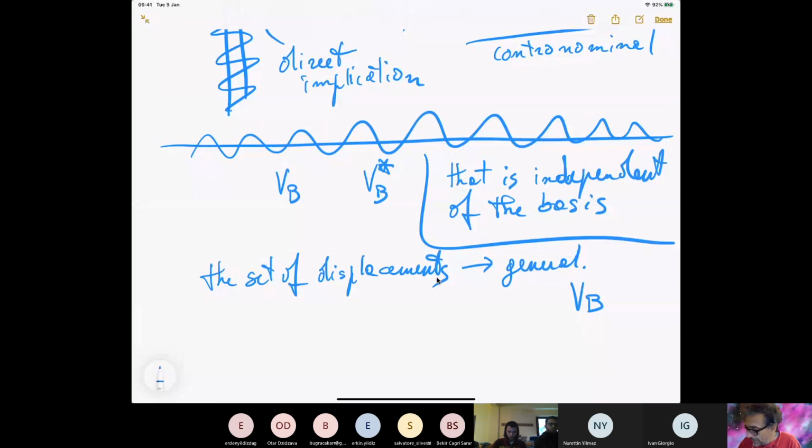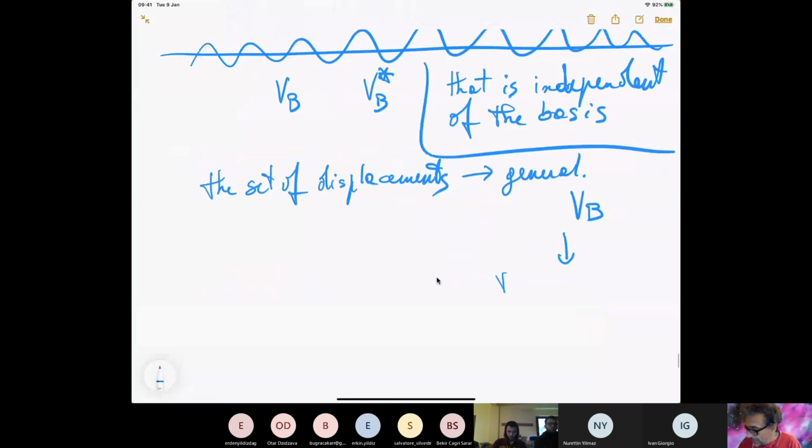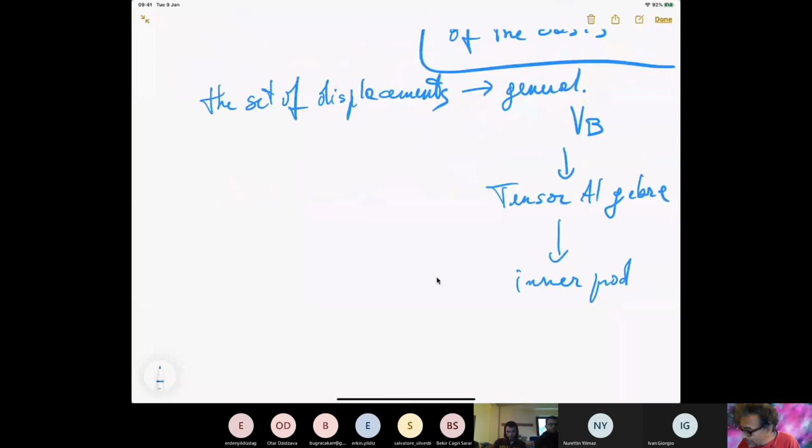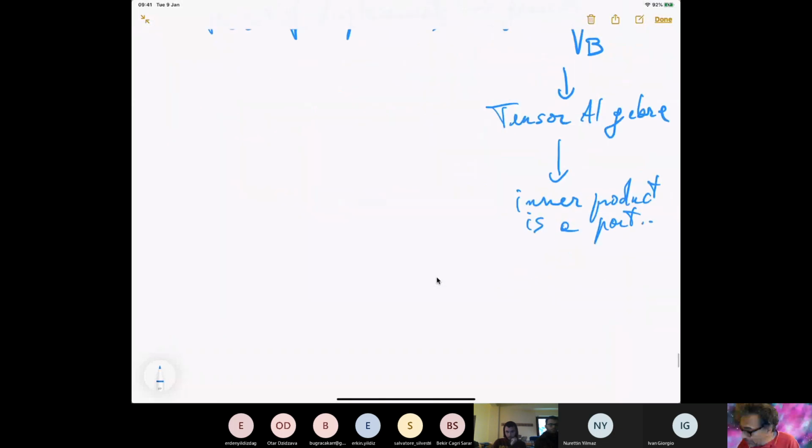Then we built tensor algebra on it. Then we recognize that the inner product is a particular two covariant tensor.